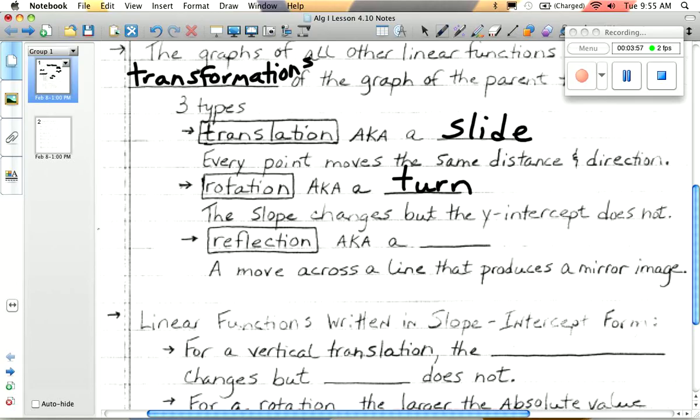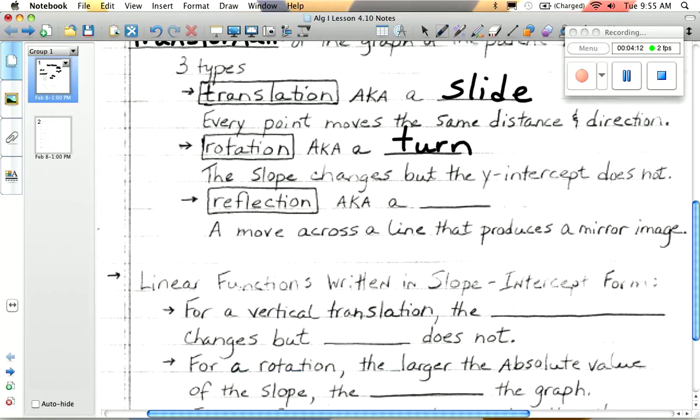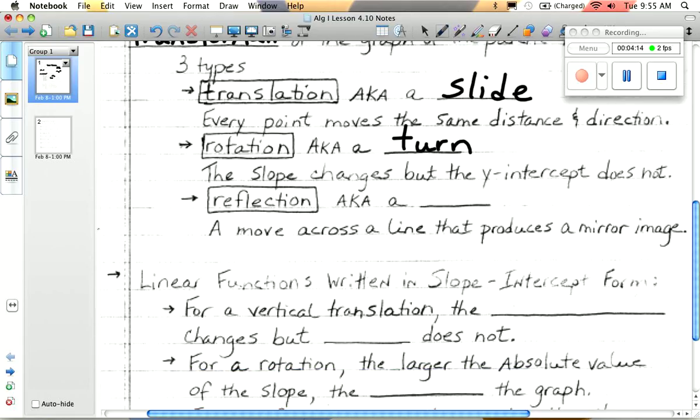Does the slope have to change? No, you're just moving a point up, and every other point with it. You're moving them up or you're moving them down. We can also move them left or right, but we don't have to deal with that in Algebra 1 right now. But when we do a rotation, now we're not moving every point up or down, now we're turning it, and so the slope is what's changing, not the y-intercept. And it's really important to keep the difference between those.